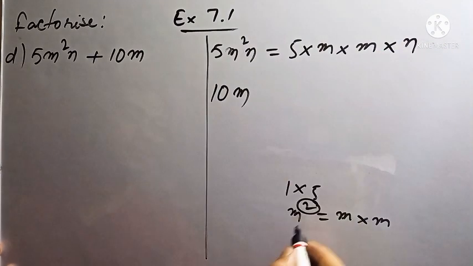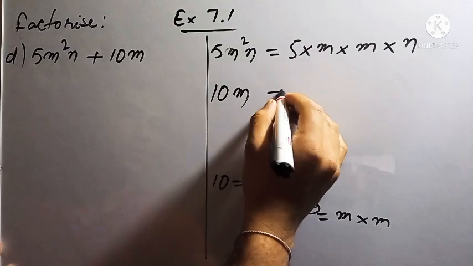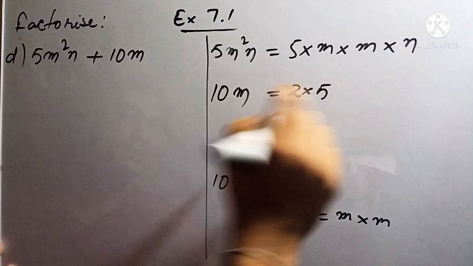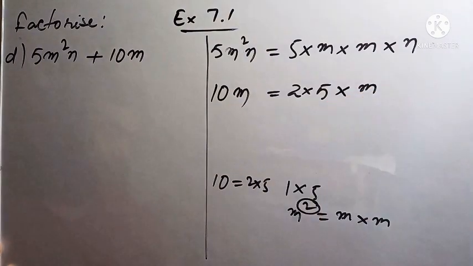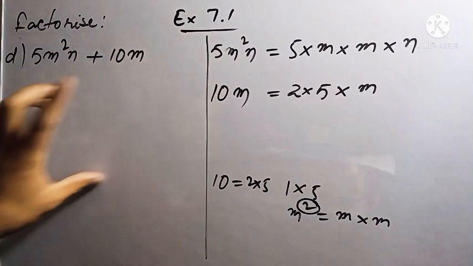What about 10m? 10 means we can write 2 into 5. So let me write here 2 into 5, and this is just m only. I'll write here m. Okay, now we are going to identify what are the factors which are in common to both of them, meaning both the terms.